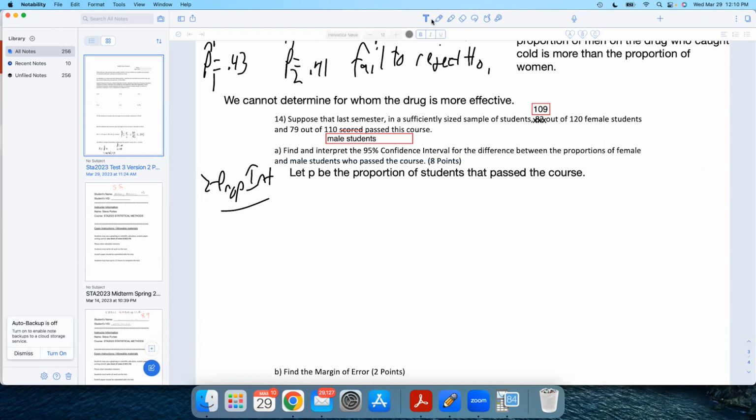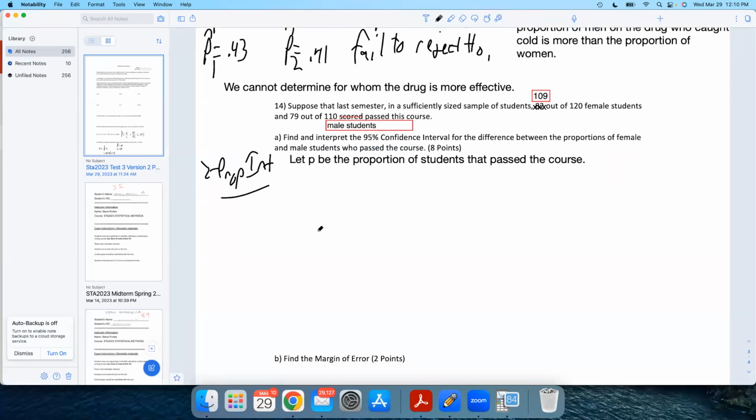Now we have our 2 groups. Again, everything you see me writing is required on all these written assignments for full credit. So I've got male students and female students. And you can see I've adjusted the numbers a little because I've changed this problem a couple of times. Each group's going to have an X, an N, and a P hat.